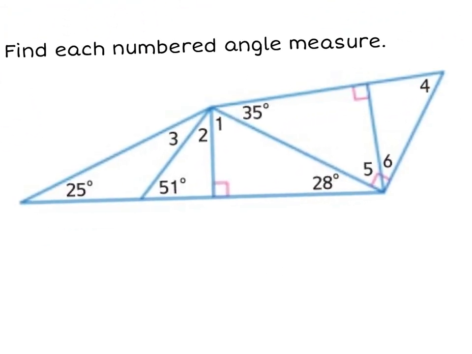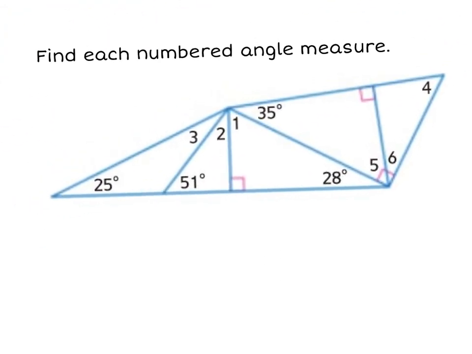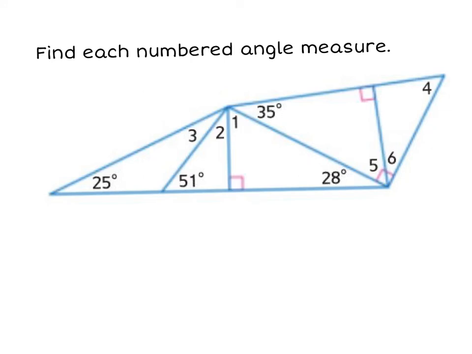This last one might look a little funky. Find each numbered angle. Might look scary, but let's walk through all of it. It really isn't that bad once you remember your triangle rules. So, let's start with angle 1. Angle 1 is part of the internal triangle angles of a 90-degree angle and a 28.